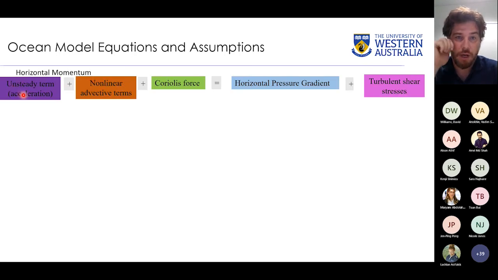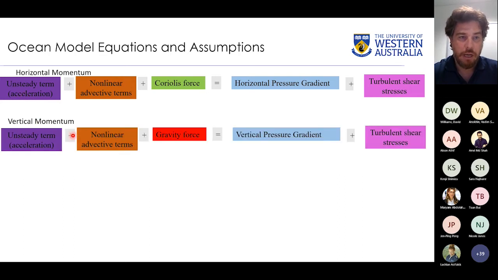I'll just keep them in this form here. Most ocean models are solving the full nonlinear terms in horizontal momentum. Some resolve the vertical momentum equation, so that's the second equation you need to solve.